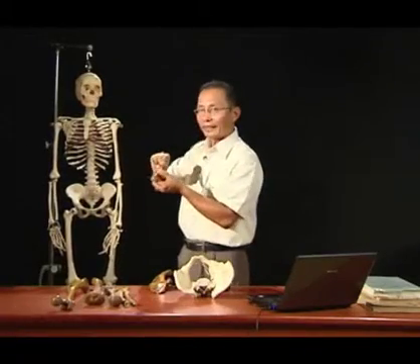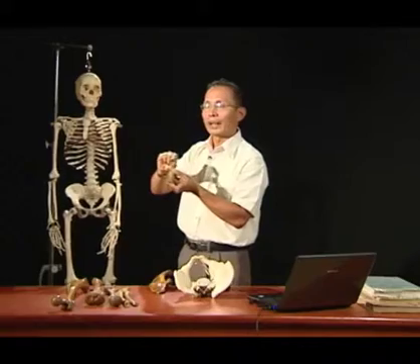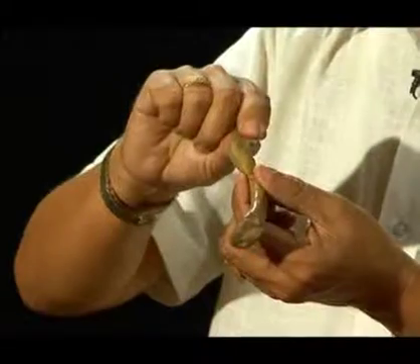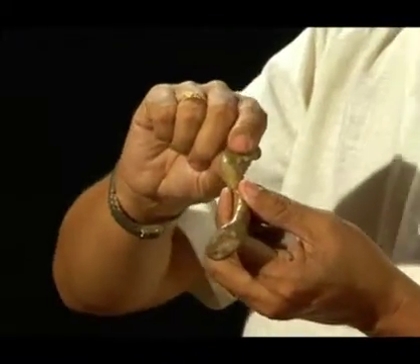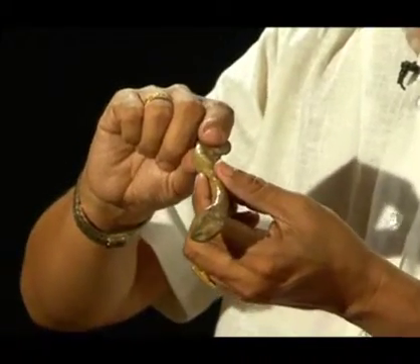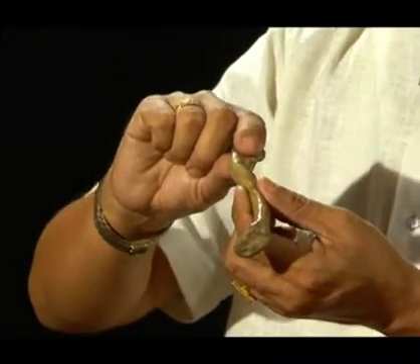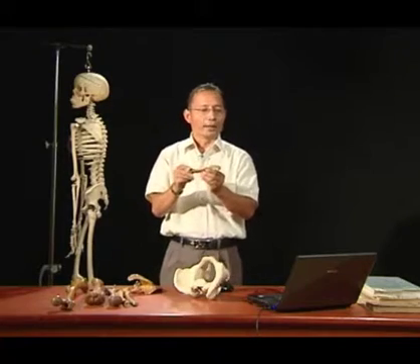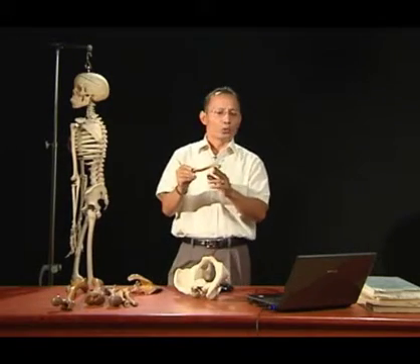It articulates with the manubrium part of the sternum, and the other end is called the acromion end. Why? Because it articulates with the acromion process of the scapula. This whole bone can be divided into two parts.